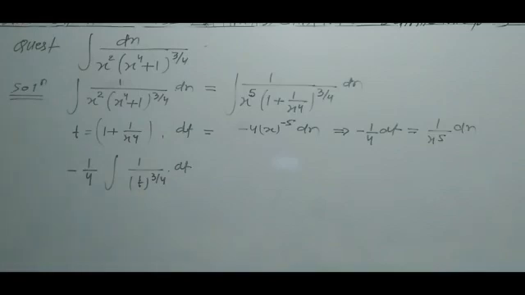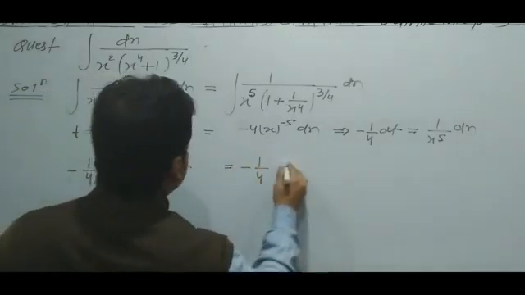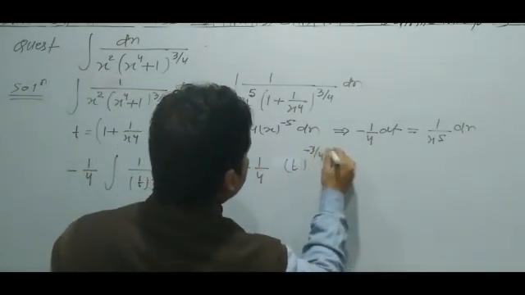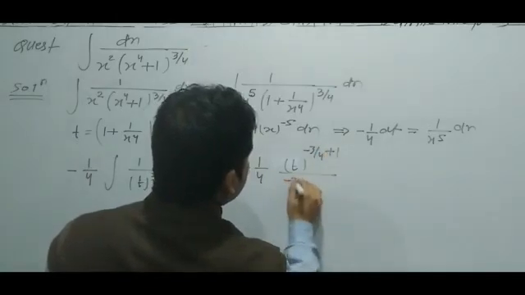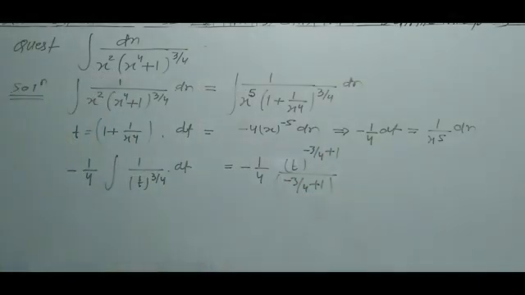So t to the power minus 3 by 4 plus 1 whole upon minus 3 by 4 plus 1, and this result will be 1 by 4.